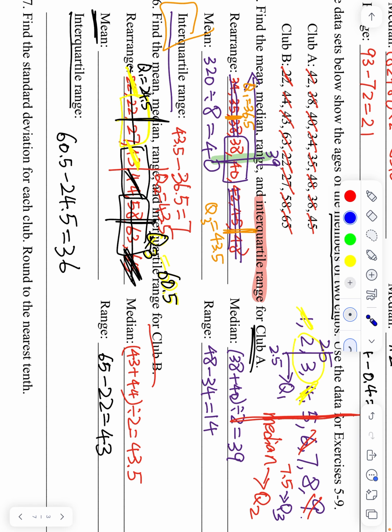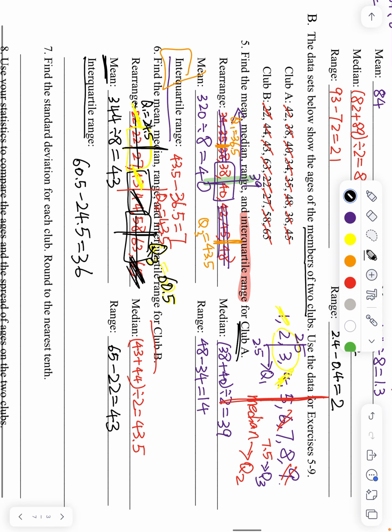This is equal to what? 344. So we add all the numbers together, equals 344, and then divide by 8. This equal to 43. So the average age of the club B is 43 years old.